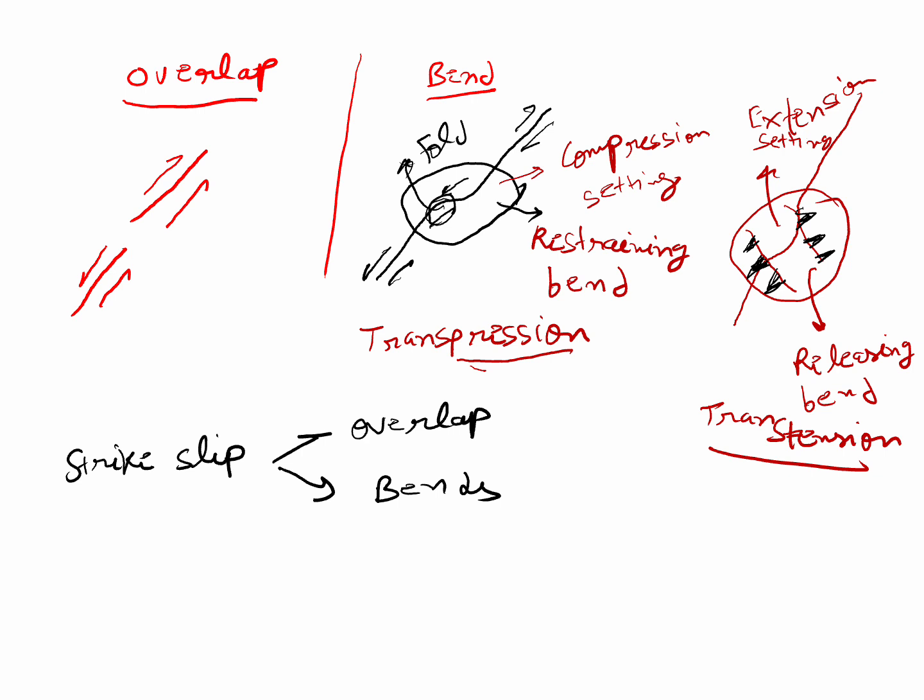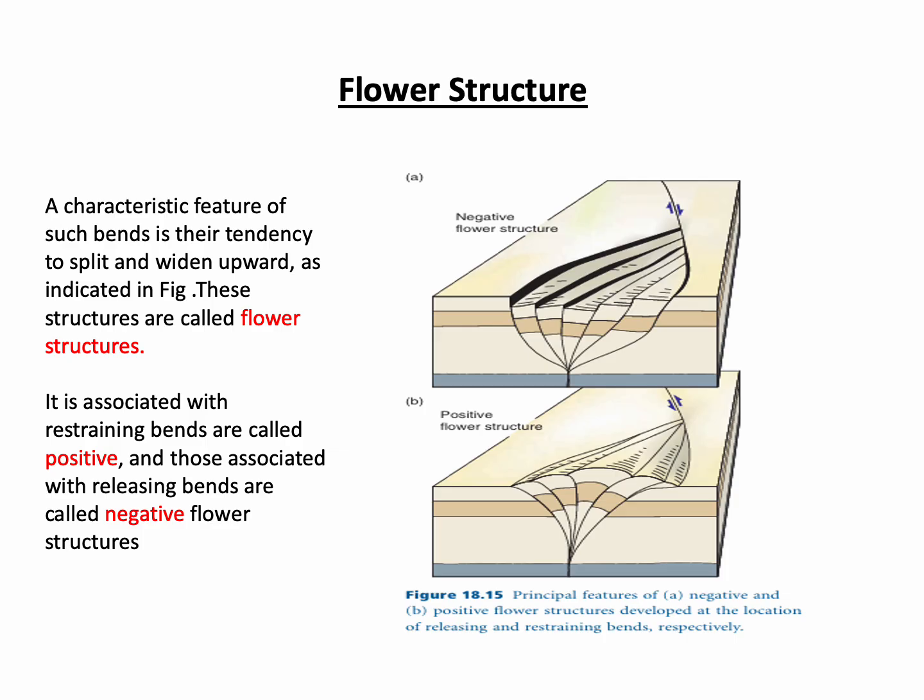Due to this, in the extension setting we generate basins, as we see, a pull-apart basin and a push-up basin. Here we see the flower structure. In this diagram, the structure widens as we move downwards, so this is a negative flower structure.